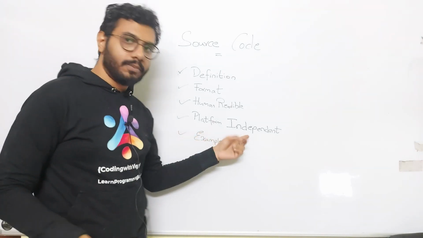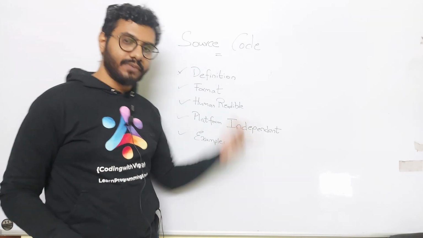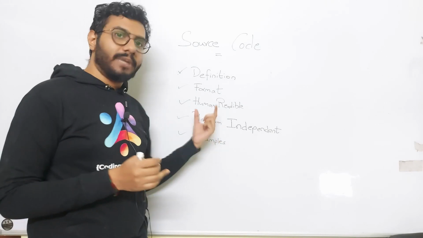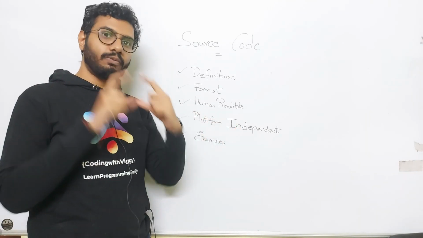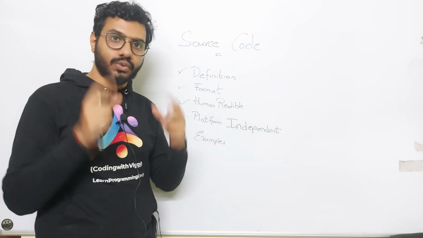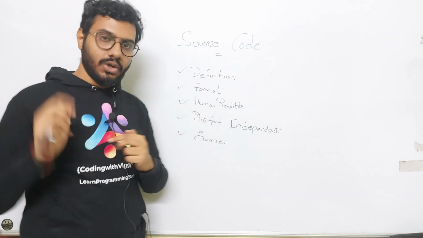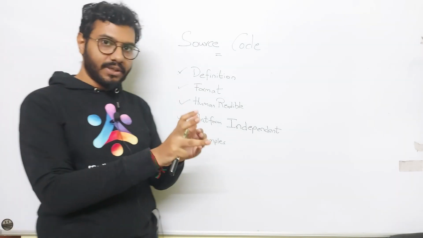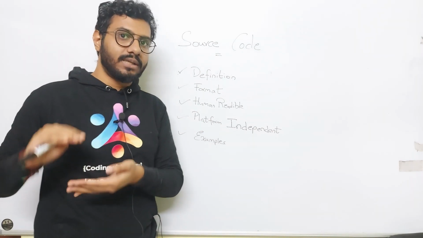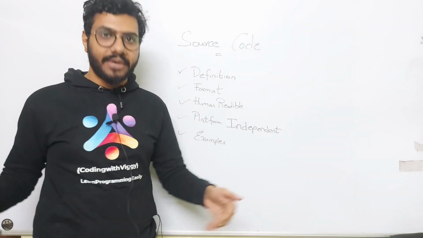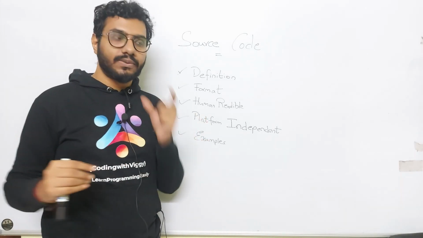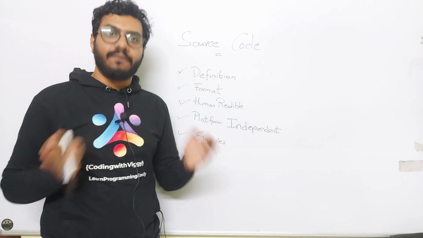Now coming to a very important point, platform independence. We have seen machine code is platform specific, but source code is platform independent, meaning we write it once and you can run that program in different platforms. You write a program in Windows operating system and you can take the source code and use it in Linux. In different operating systems, you can run the same source code. That's why we call it write once, run everywhere.